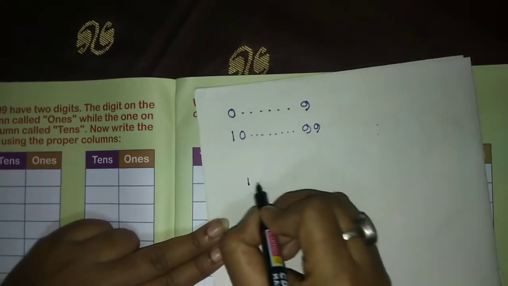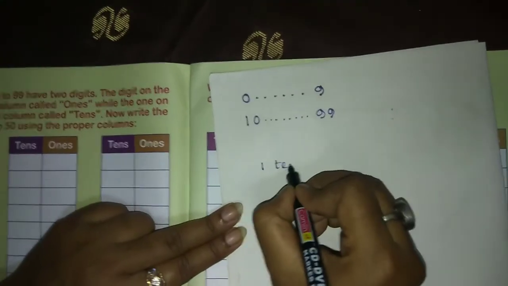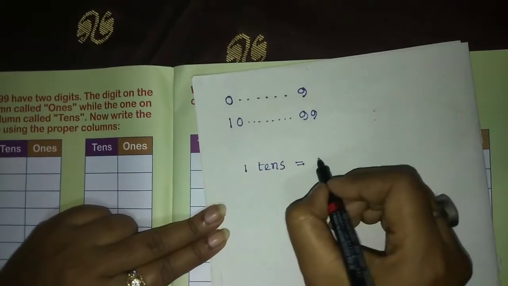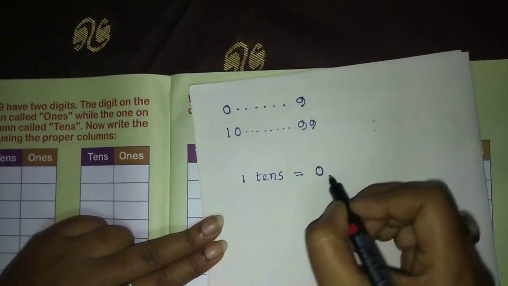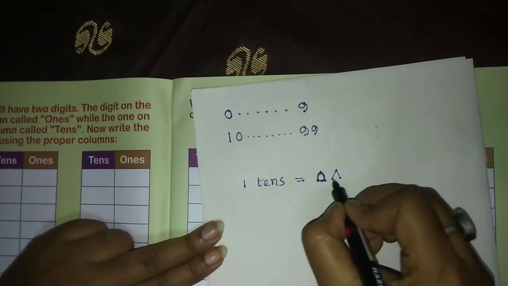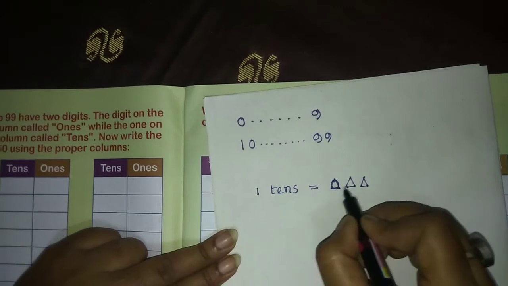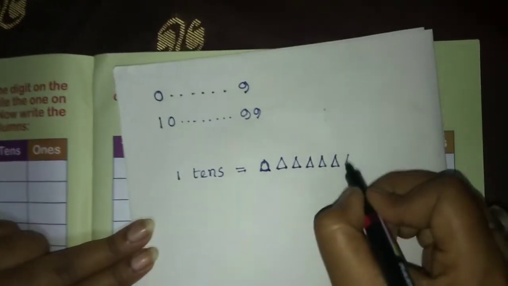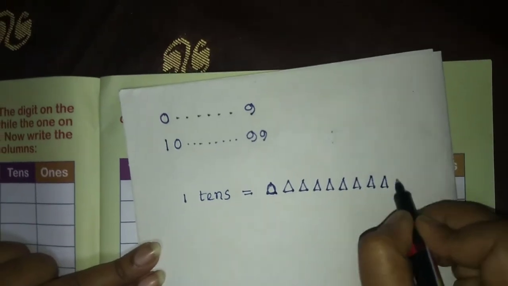Okay, and I have already told you that 1 tens is equal to 10 objects. Any objects I can draw here, like these triangles. Like 1, 2, 3, 4, 5, 6, 7, 8, 9, 10.